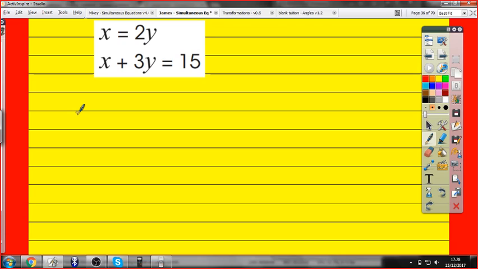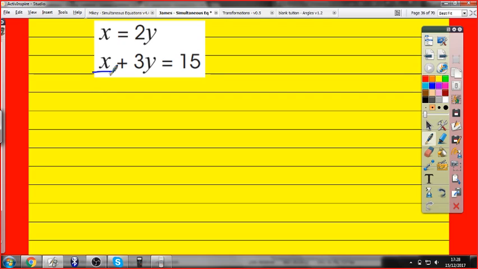15 minus... Alright, so x equals 2y. You just leave that. And you could do 15 minus 3y equals x. Oh, wait, no. Sorry. Y is 5. Do it one step at a time.